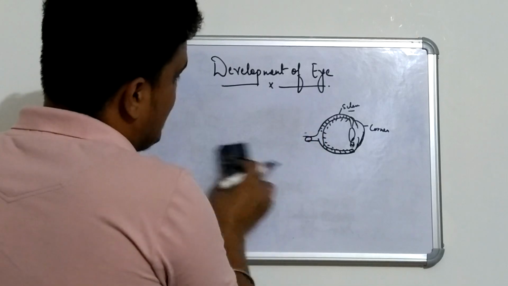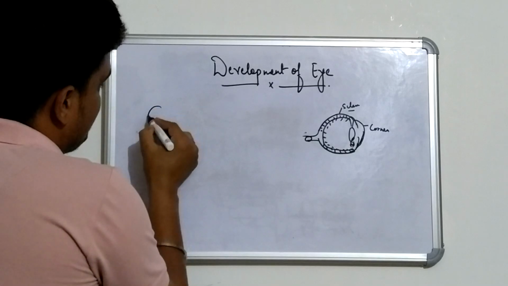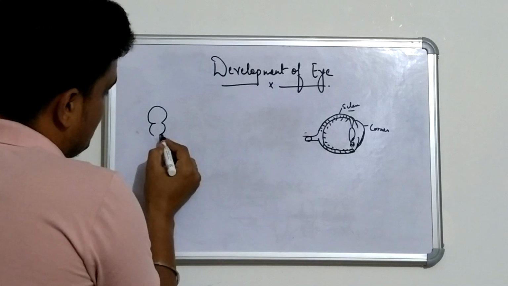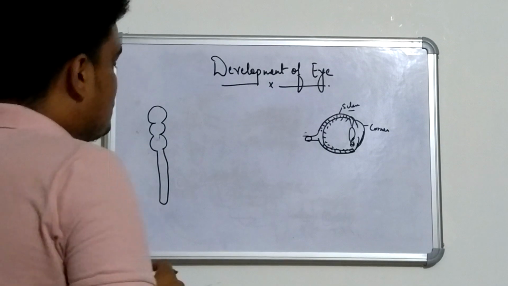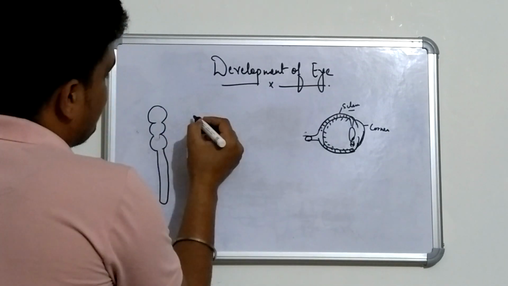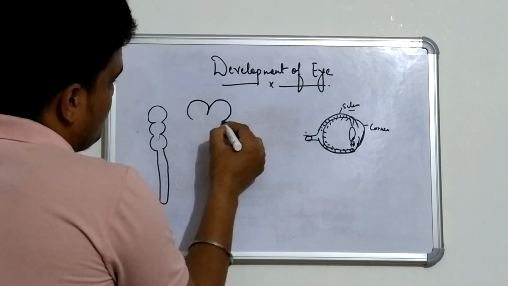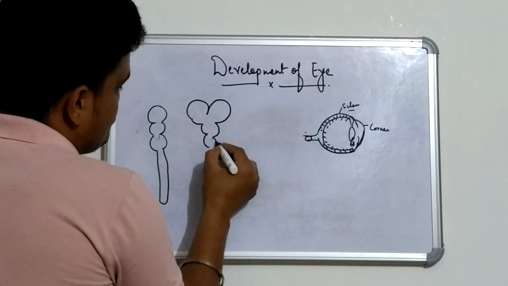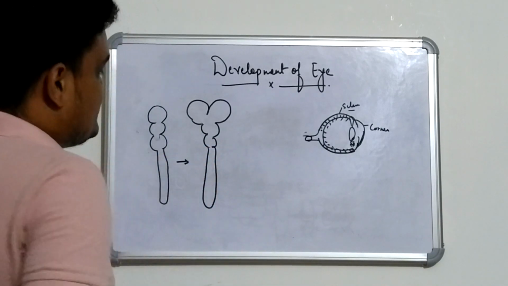Now we will see how the eyeball is going to be formed. So we have 3 bulge out areas of the neural tube: the rhombencephalon, the mesencephalon, and the prosencephalon. This prosencephalon is going to bulge out again into 2 different parts in a later stage.